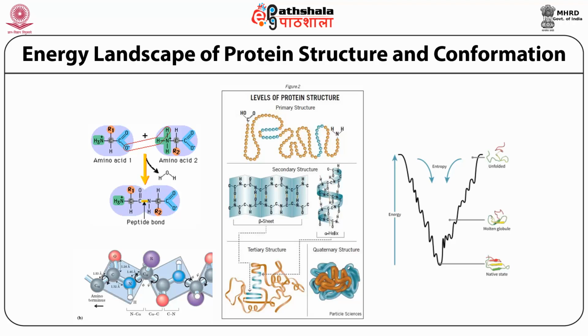But due to the systematic arrangement, it leads to the formation of a medium kind of energy and a lesser number of conformations compared to the unfolded state, with lesser entropy, and that's known as the molten globule state. The final structure, which has the minimum energy, is known as the native conformation, which has minimum entropy, minimum energy, and maximum stability and is the functional state of the protein.